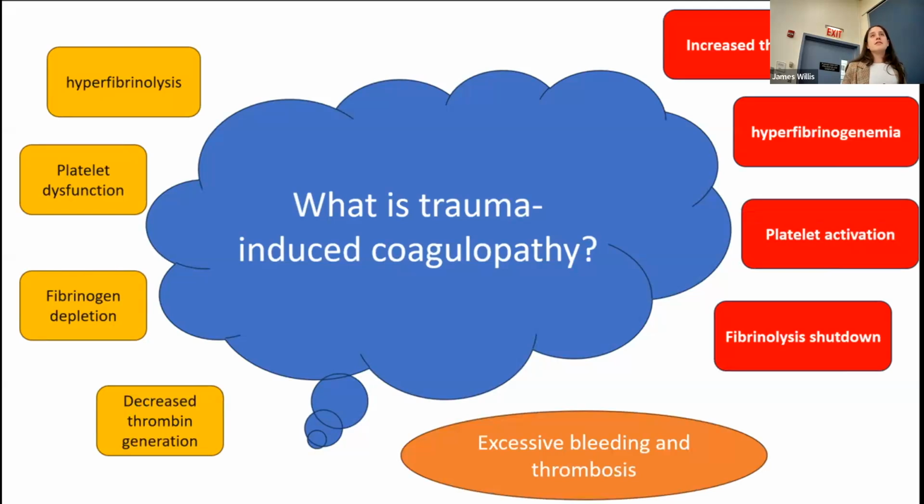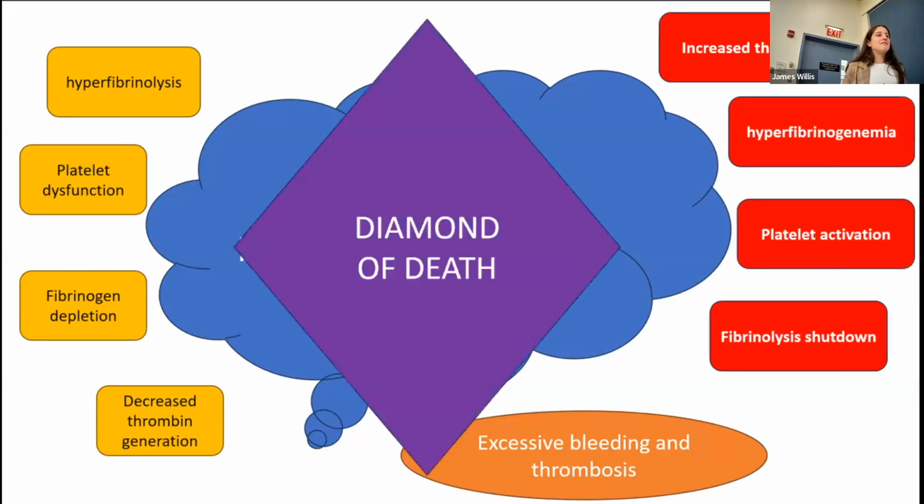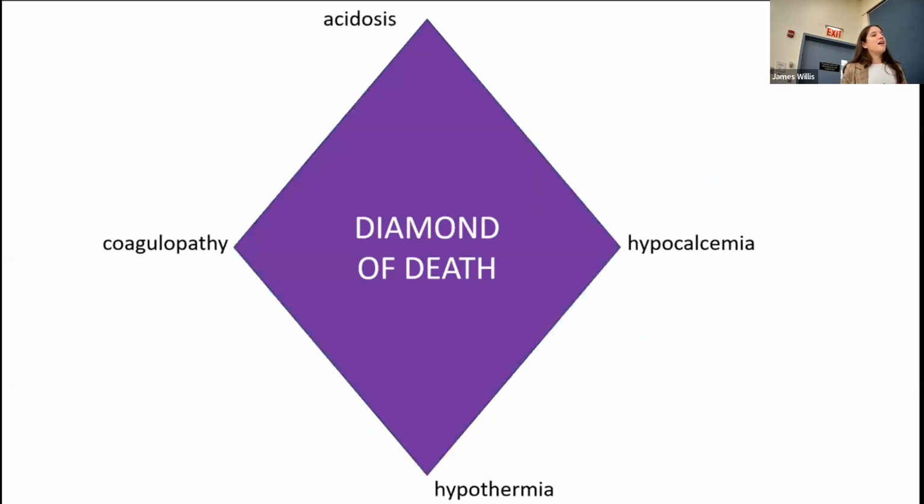All of this is further exacerbated by the diamond of death. I'm sure people have probably heard of the lethal triad of trauma. Now people are tending to use this diamond of death to describe what happens in the coagulation cascade. The difference between the lethal triangle and the diamond is that now we consider hypocalcemia to be exacerbating the coagulopathy.